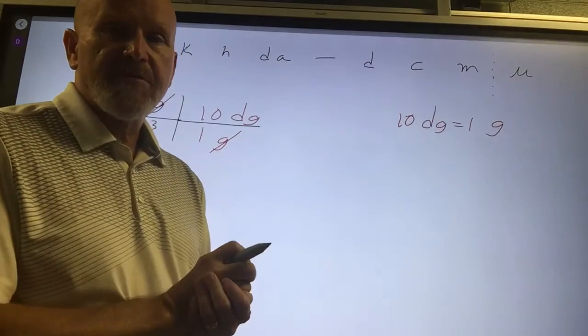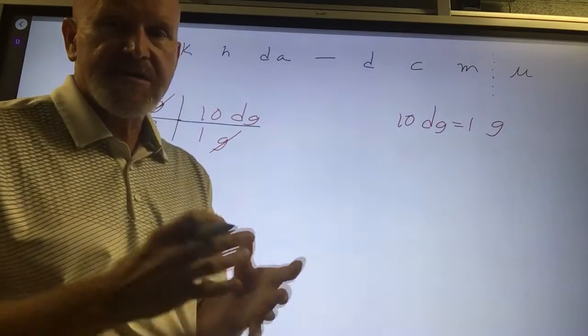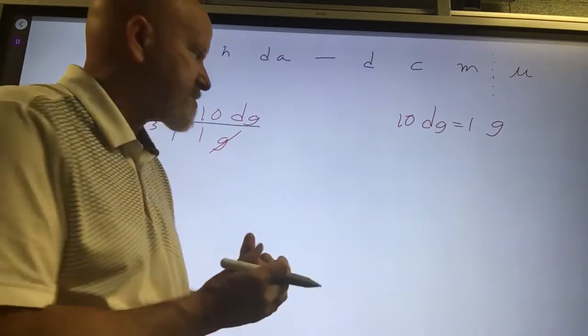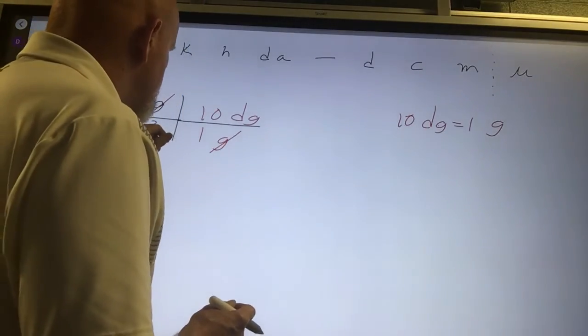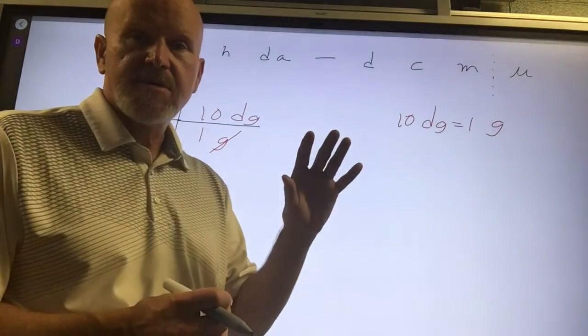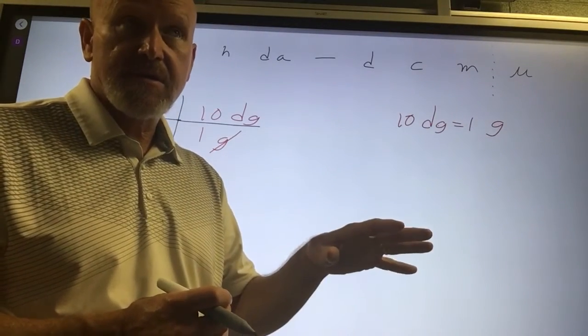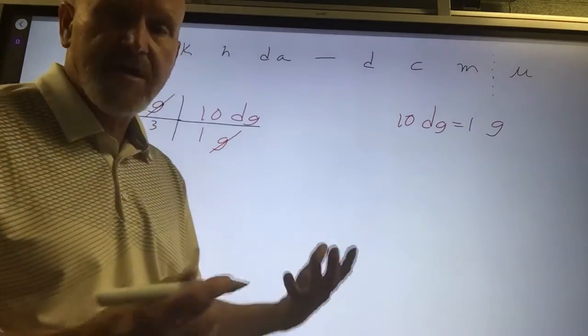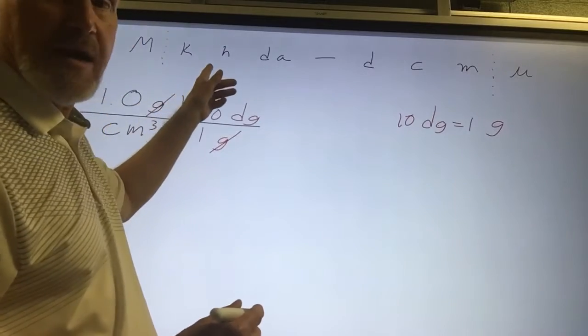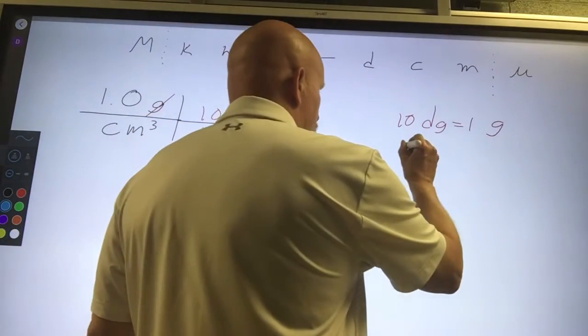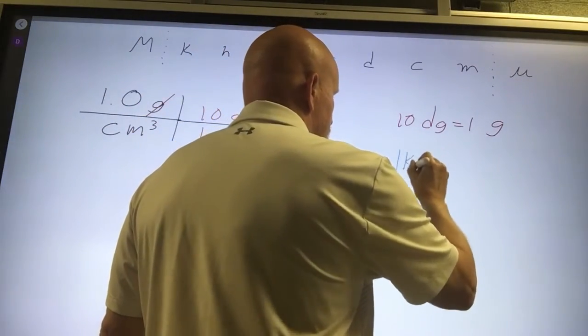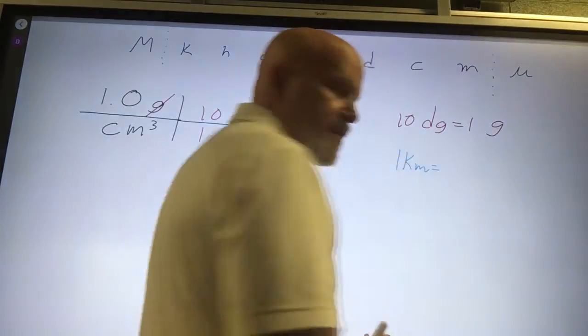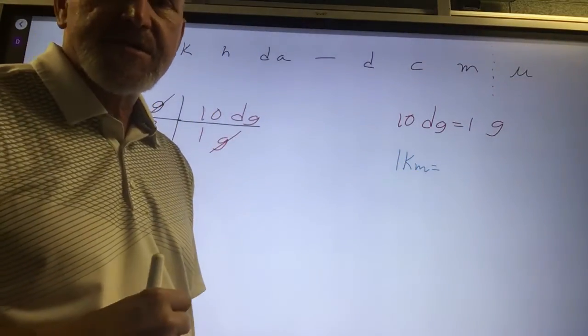This is going to be a bit of a pain because it's easy to do this part, okay? So I'm going from centimeter to kilometer. What's the bigger unit? Okay, that's a kilometer. So I'm going to say I've got 1, and how many centimeters are going to be in that?